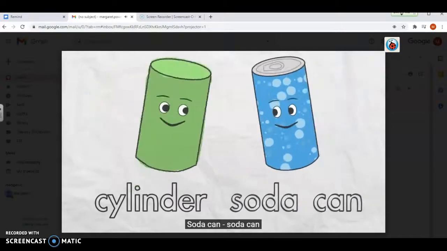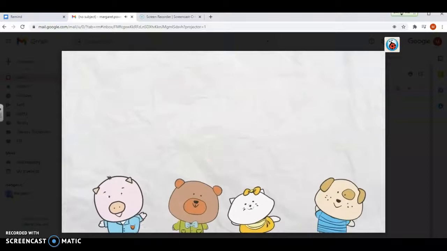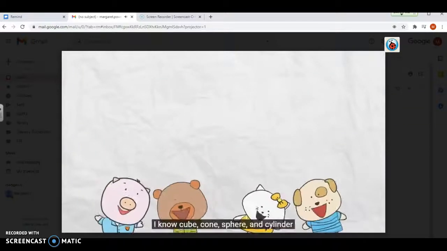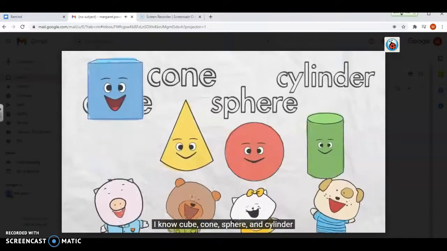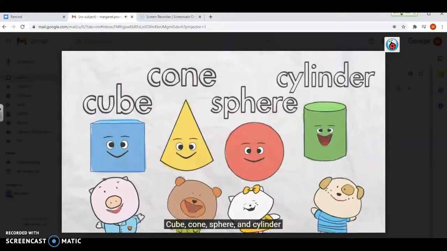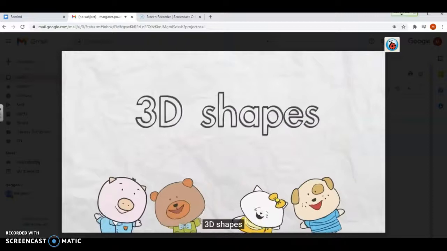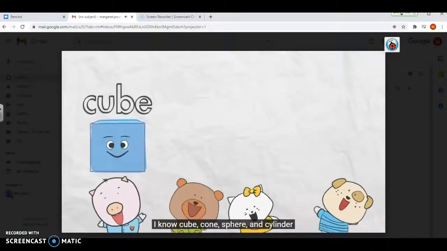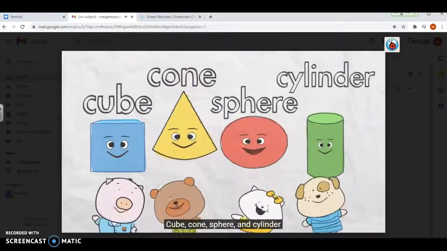Soda can. Shapes. Baby shapes. I know cube, cone, sphere, and cylinder.